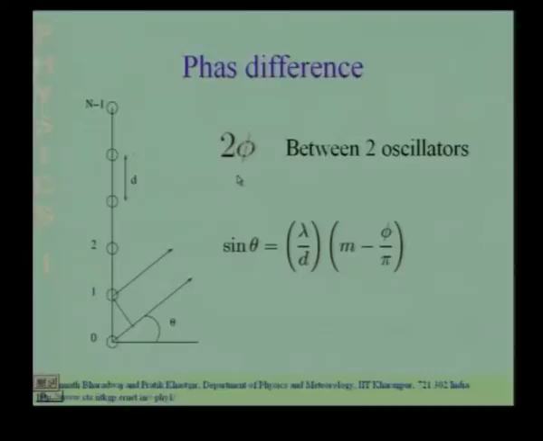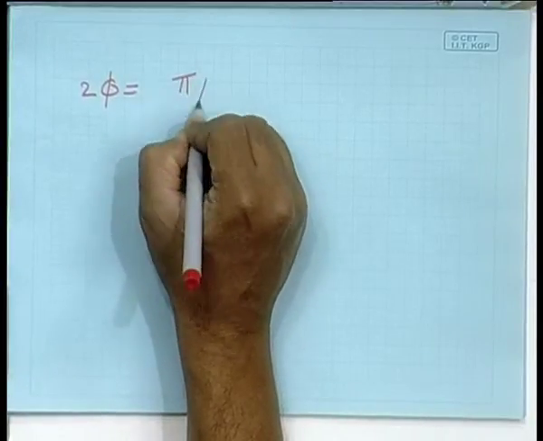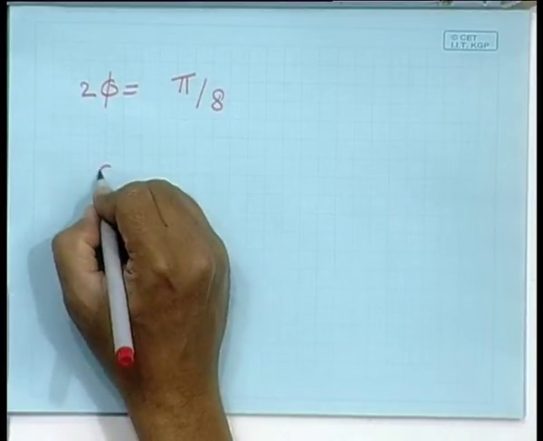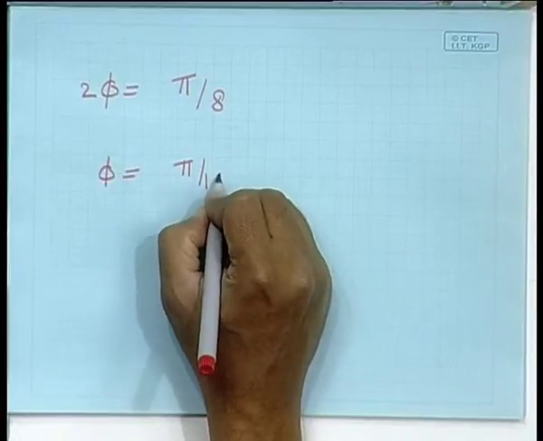Remember, in the last lecture we had also discussed what happens when you have a phase difference of 2 phi between any two successive oscillators, and in this particular case 2 phi is equal to pi by 8, or phi is equal to pi by 16.